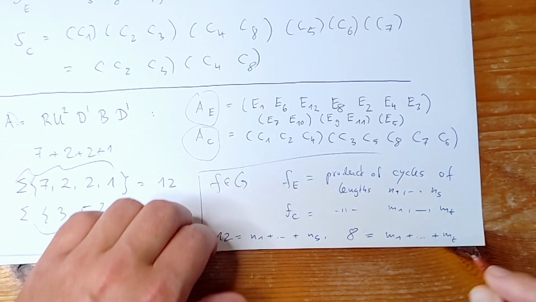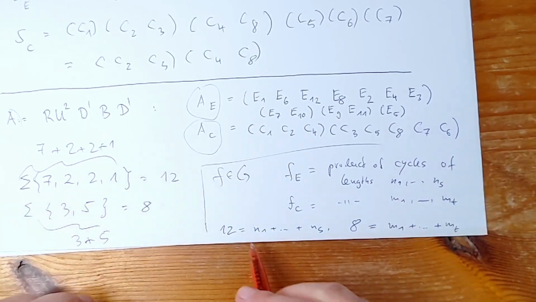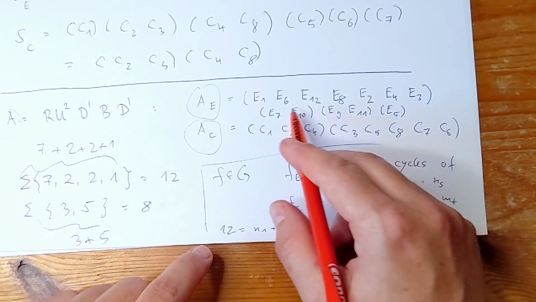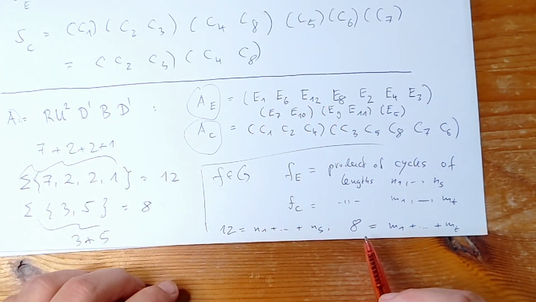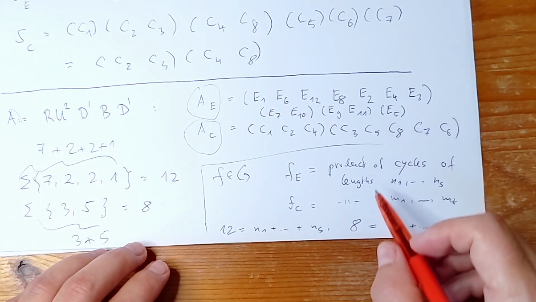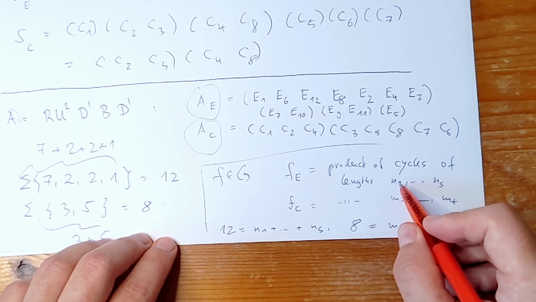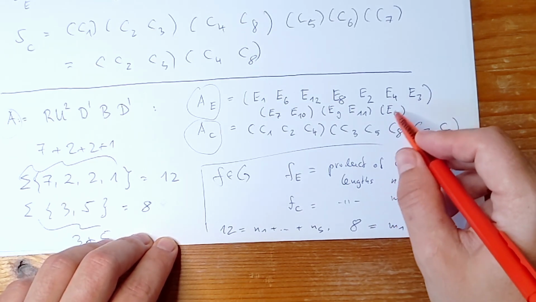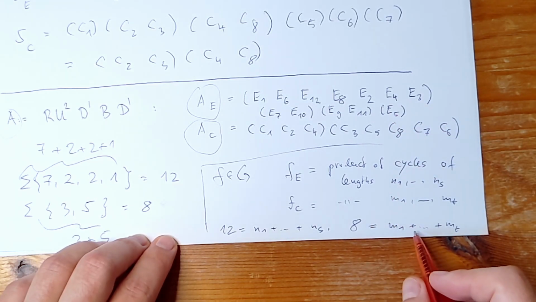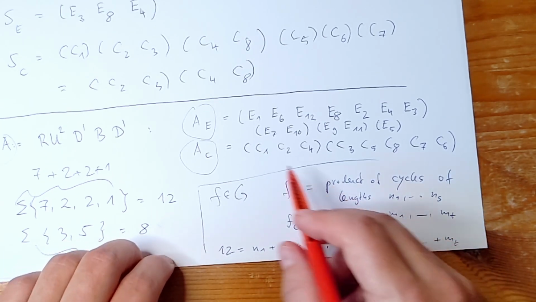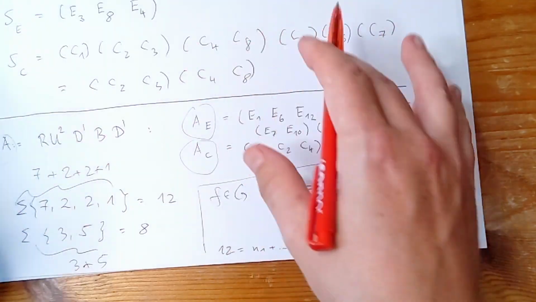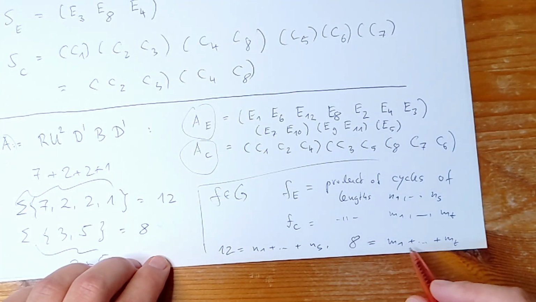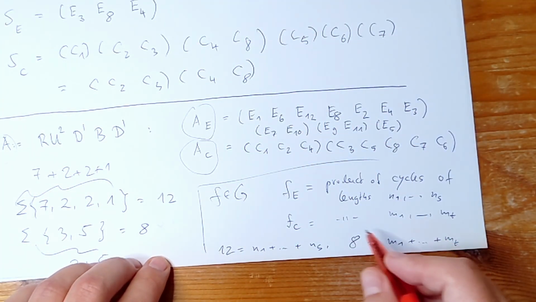This is clear because we have 12 edges and they have to appear in these cycles exactly once because they are disjoint. And of course, when one of these numbers is 1, it means that it's a fixed point. So this is also allowed. And with the corners, it's the same. Every corner has to appear in exactly one of these cycles, no matter which permutation you take. So the sum of the cycle lengths here has to be 8.